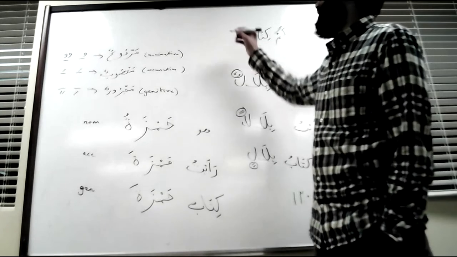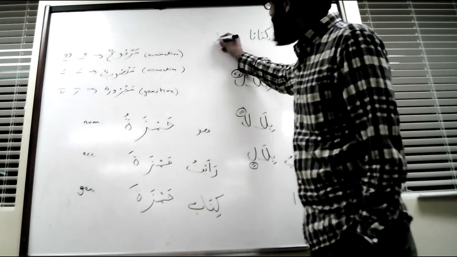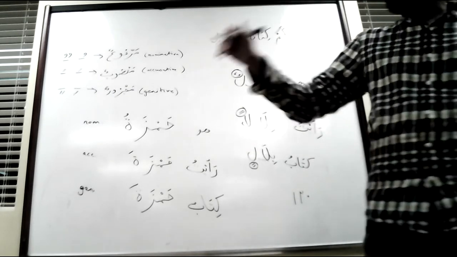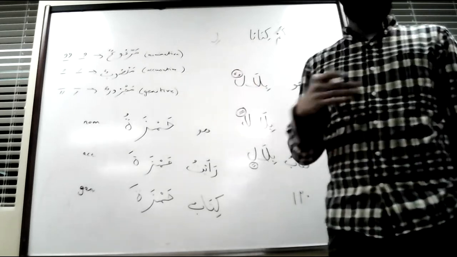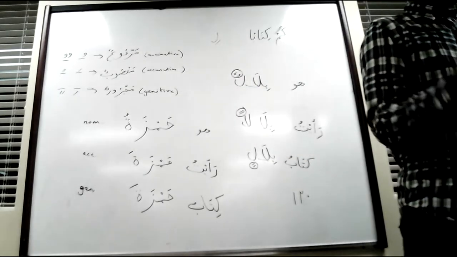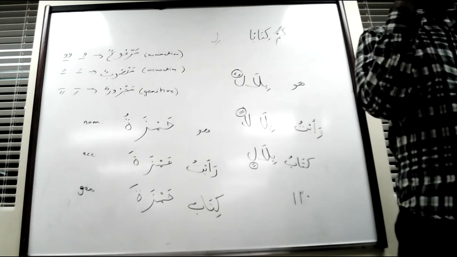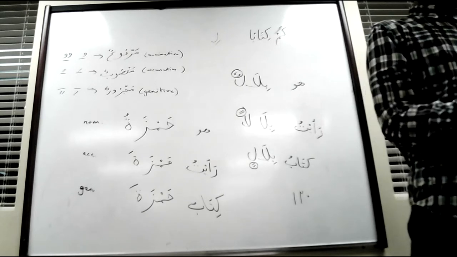What is it grammatically? Preposition, right? Harf jar. So the ism that follows it is majroor. But why is there a fatha on Ibrahim and Ismail? It's mamnu' min as-sarf because they are ajami names. Don't switch them.